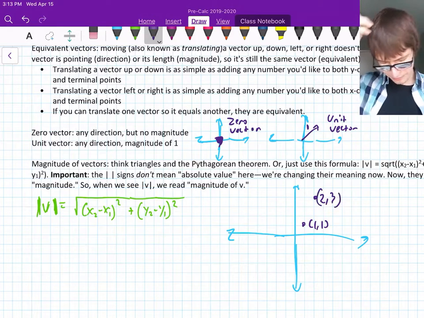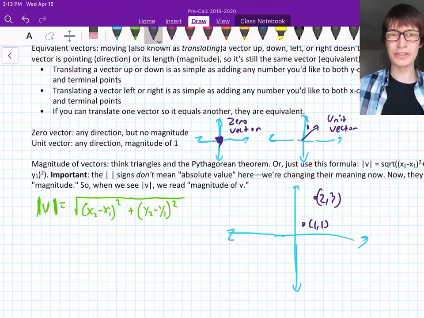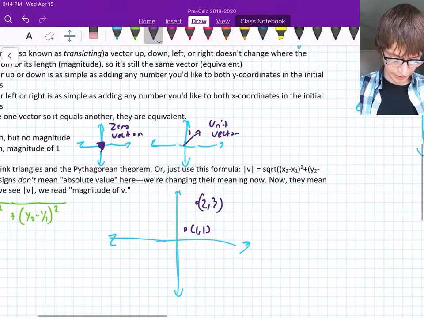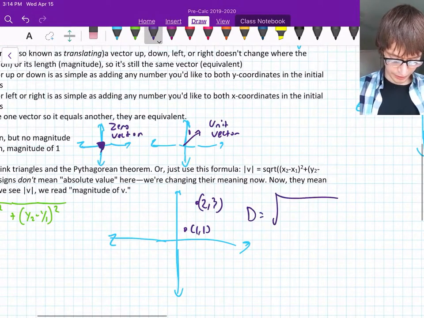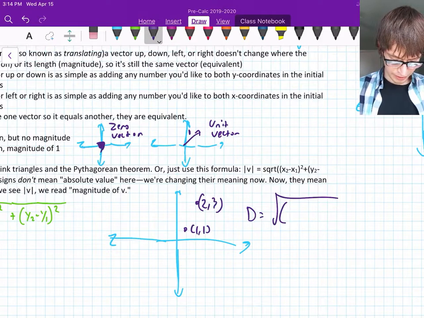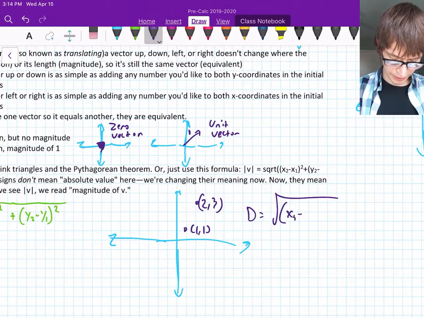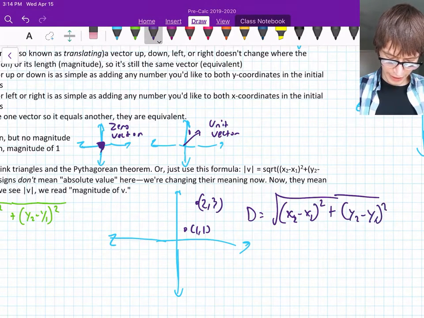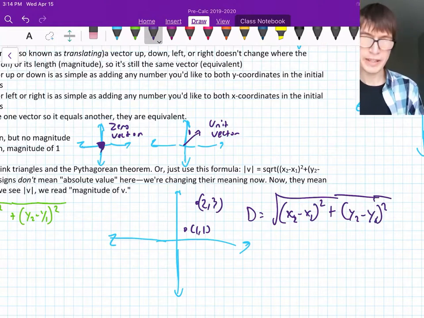That's what those points are, and I want to find the distance between these 2 points. Well, I'll use the distance formula. I would say the distance equals the square root of (x2 minus x1) squared plus (y2 minus y1) squared. And if you're having trouble remembering that, that's just the same thing as the Pythagorean theorem.